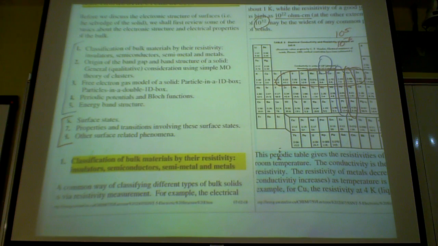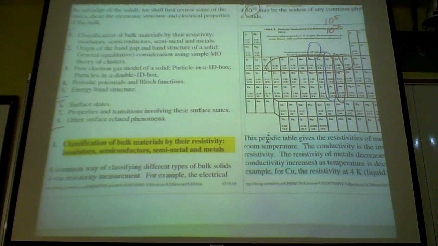Okay, so first off, a way to classify bulk material, right? How do you classify bulk material in a general way? A common way, you just measure its physical property. And a classic physical property is the resistivity. How resistant, or how conducting is another way of saying it, a piece of material that you have in your hand, for example.